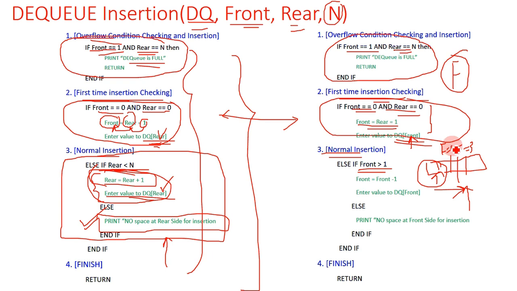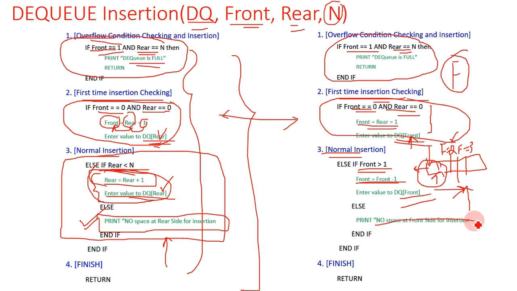Front will be decremented from 3 to 2, and now assign the value to this location. If a value exists at the first location, it means that there is no space available at the front side.